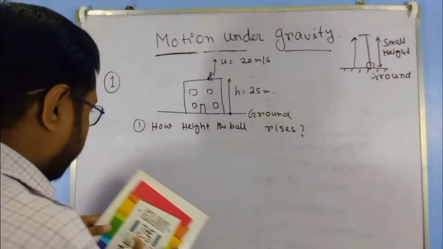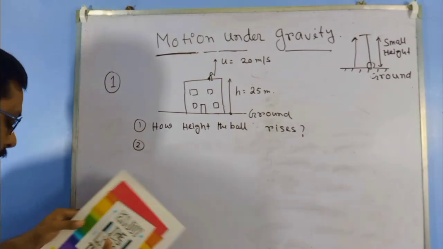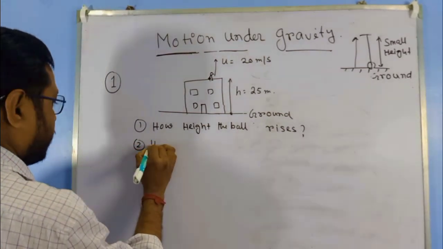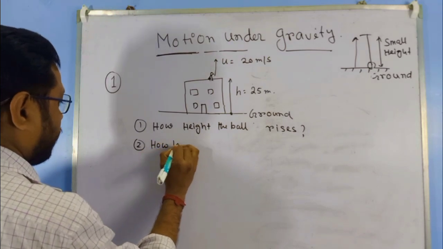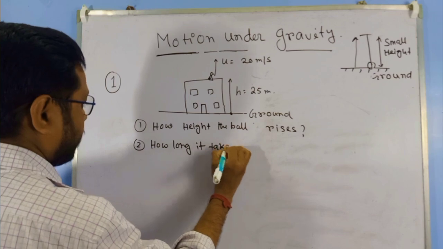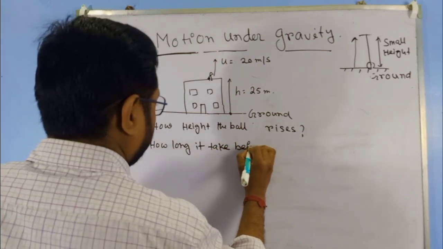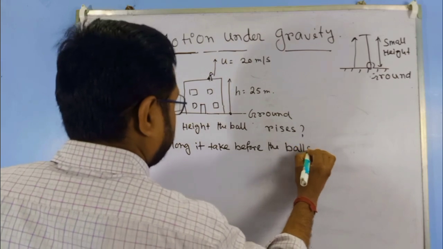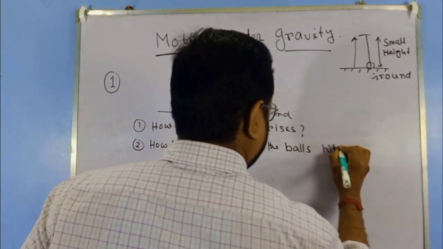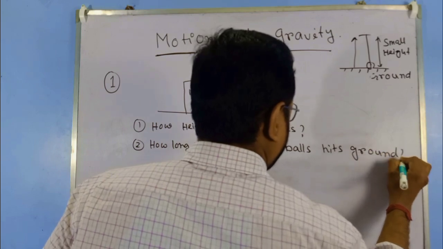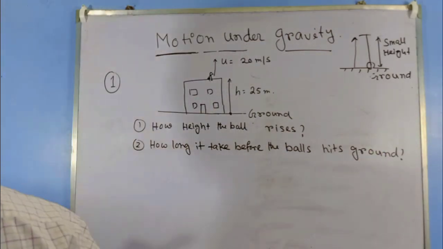Number 2, how long it will take before the ball hits the ground. So we have to solve this numerical.